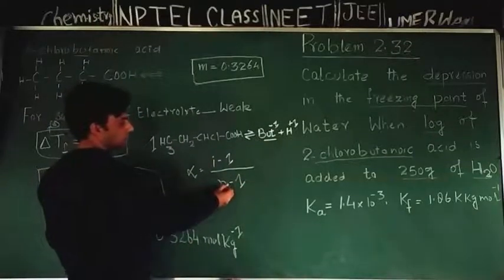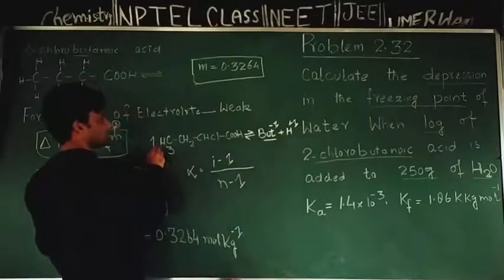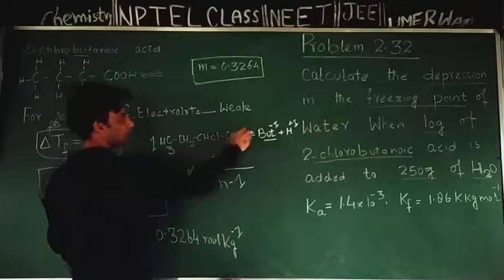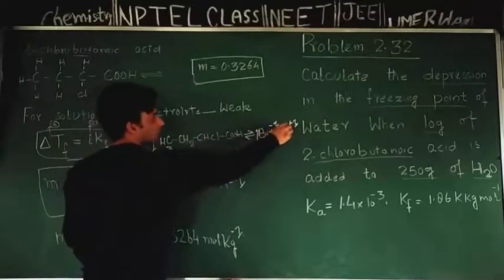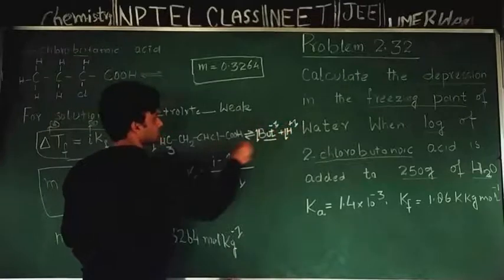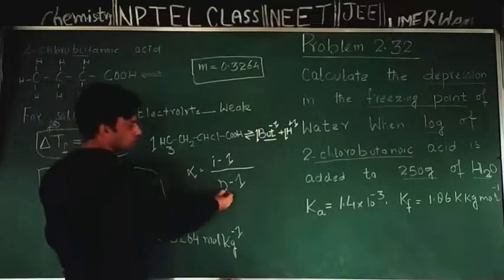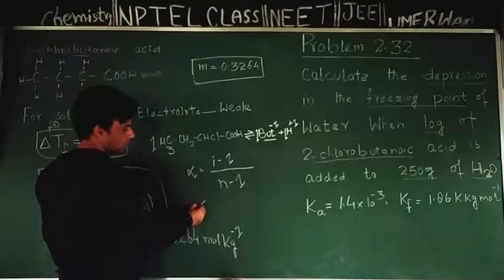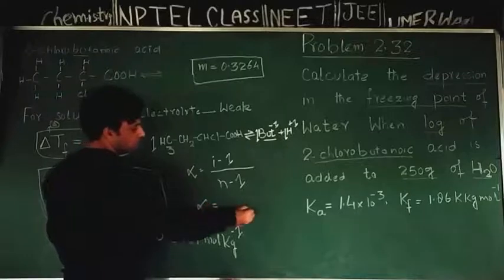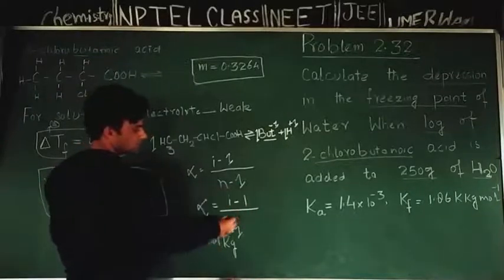Now n is number of particles which are formed after dissociation of one particle of electrolyte, and from this stoichiometric reaction it is clear that number of particles formed after dissociation of one particle of 2-chlorobutanoic acid are 2. So I may substitute here value of n equal to 2 and alpha will be equal to I minus 1 divided by 2 minus 1.